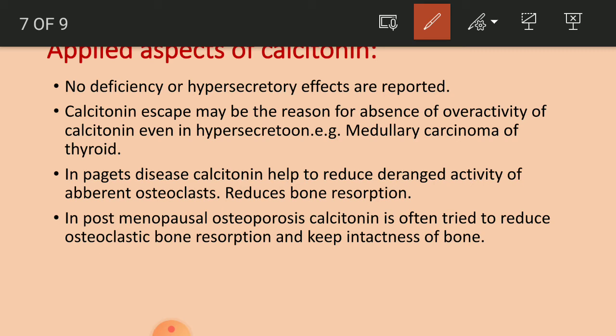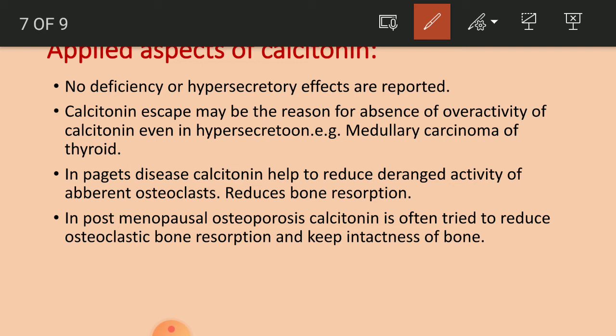This increased osteoclastic activity may be due to genetic aberration, and somewhere the etiology is quite unknown. The result is localized region of bone resorption followed by compensatory osteoblastic activity causing a patchy new bone formation, which is completely abnormal and inappropriate.